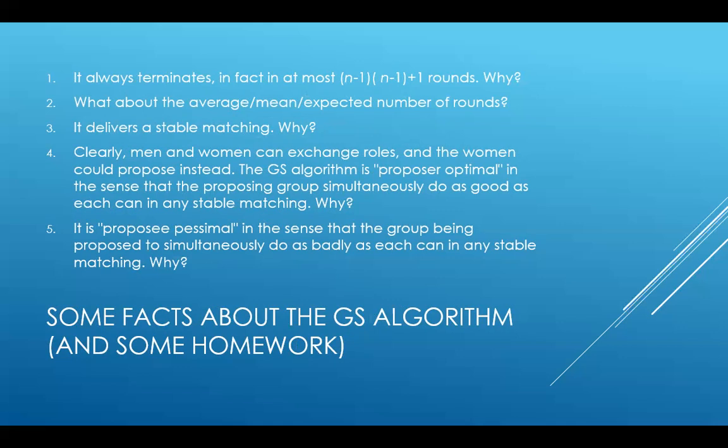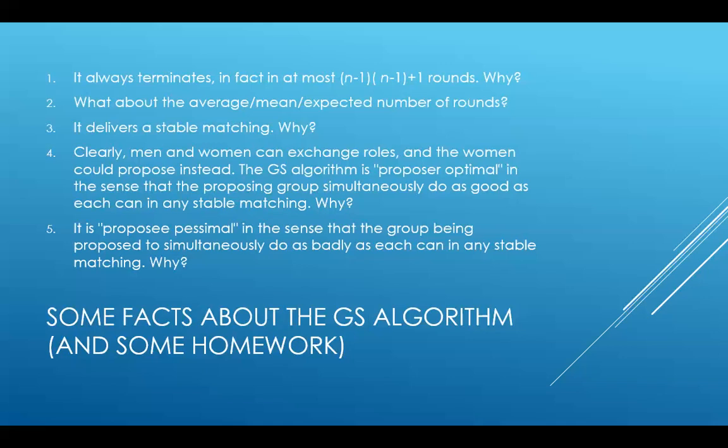Here's another thing that's interesting. Clearly, men and women can exchange roles, and the women could, in theory, propose instead. Yes, we could do it that way, of course. It turns out that the Gale-Shapley algorithm is so-called proposer optimal, in the following sense: the proposing group simultaneously does as well as it could possibly do in any stable matching.